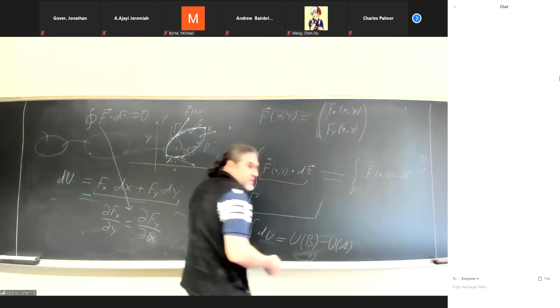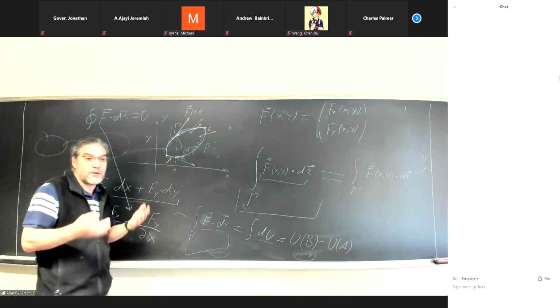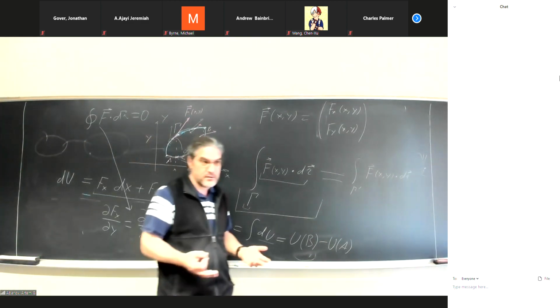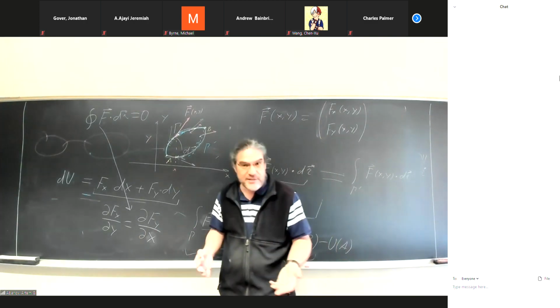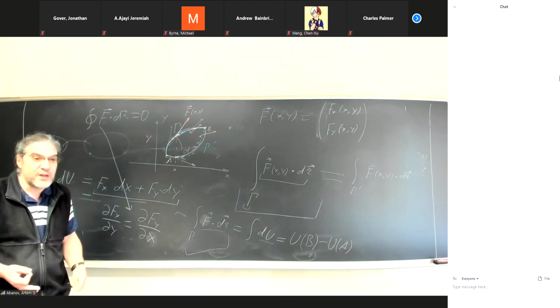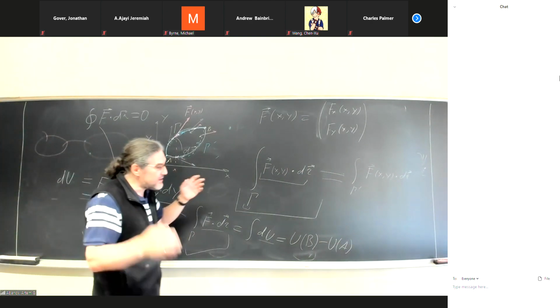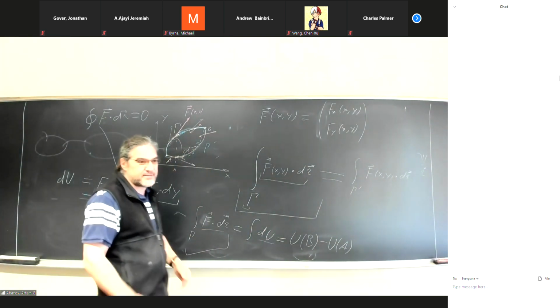So the whole construction does not depend on gamma. You can choose whatever path you want. It can simplify your calculations quite considerably. For any other path, this integral will be exactly the same. Okay, that makes sense. I just wanted to clarify that.